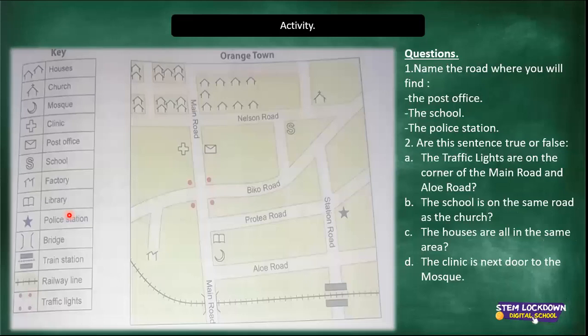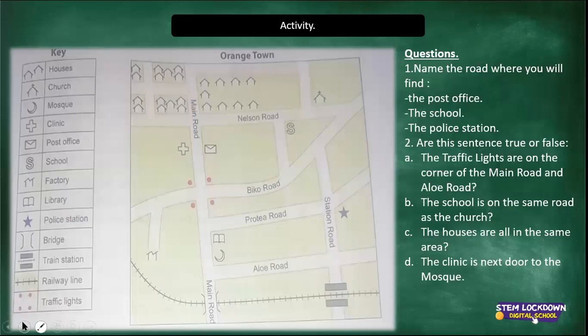We have Bandile. False. Yes, the answer is correct. It is not next door to the mosque. Okay, moving forward.